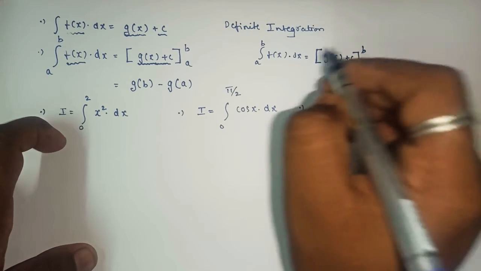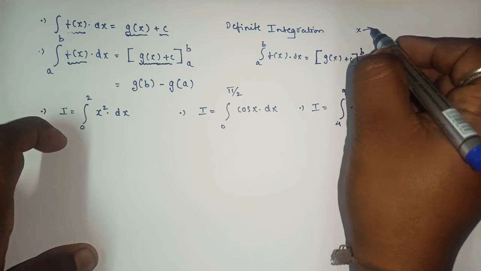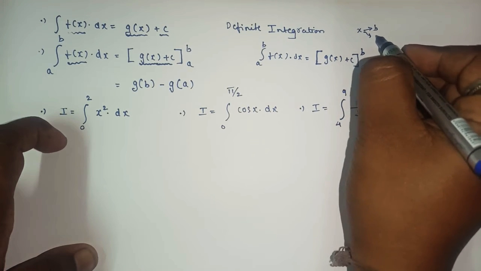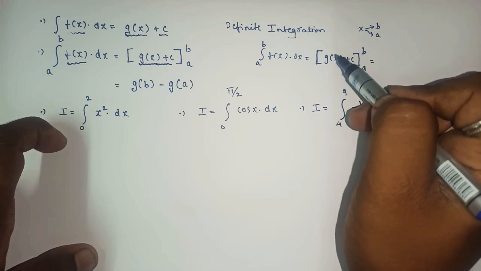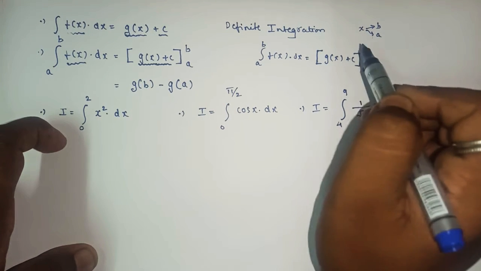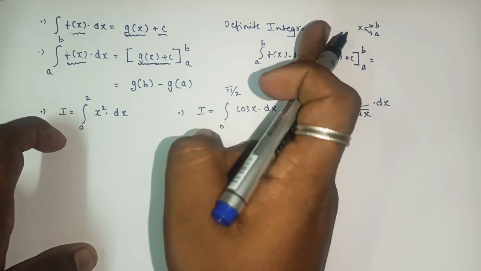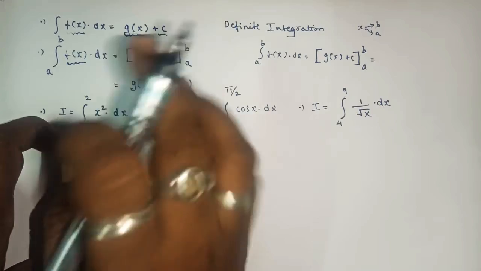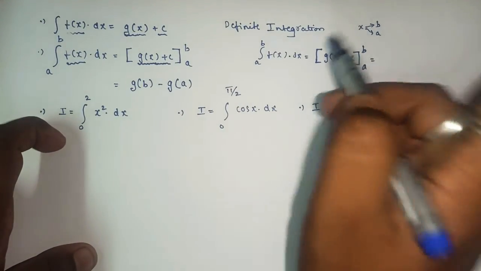After this you will replace the value of x first by b then by a. You always have to put the upper limit first and then the lower limit. Okay, so upper limit minus lower limit you have to do, then only the c will get eliminated. Don't write plus. If you write plus, of course the c will be there. So upper limit minus lower limit is the concept.